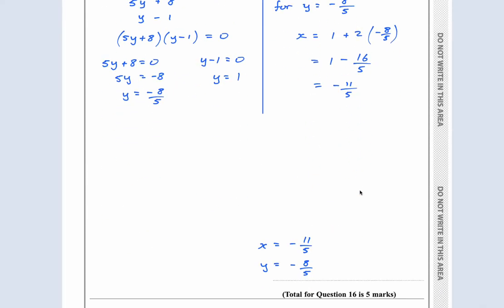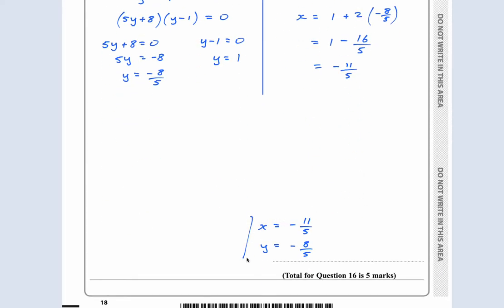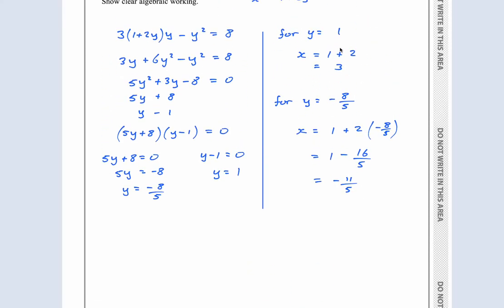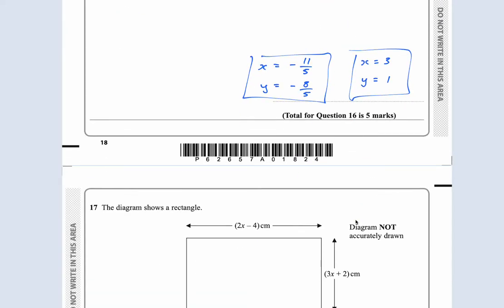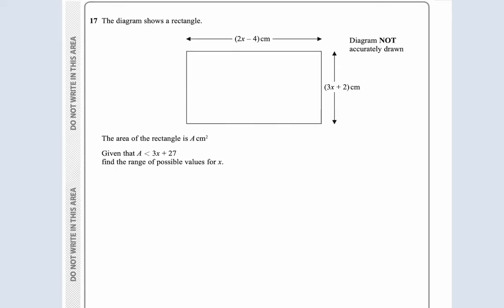And yeah, sorry, that's correct. And my other set of solutions is x equals 3 and y equals 1. Just to be clear, the reason I'm putting these in a box is because they go together. That's a solution and that's a solution. Okay, that's question 16. Question 17.